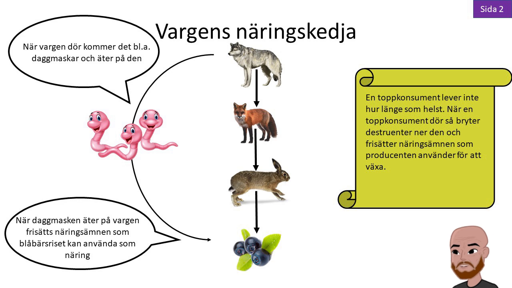In this way, we get a cycle. Naturally, if a fox dies in the forest, earthworms and other decomposers will also eat it. So, it is not only top consumers that are broken down by decomposers, but the entire food chain. However, this is often how a top consumer's life ends.